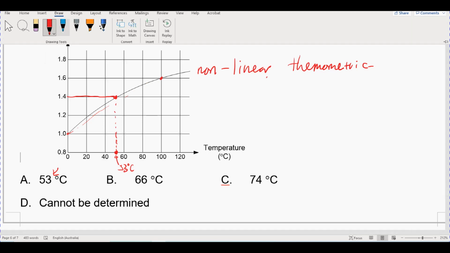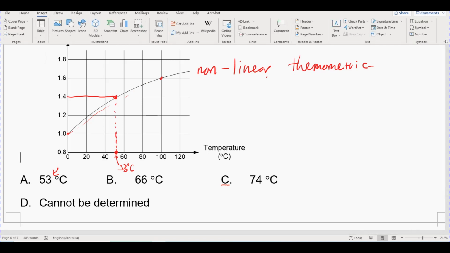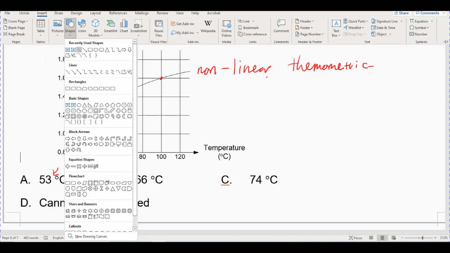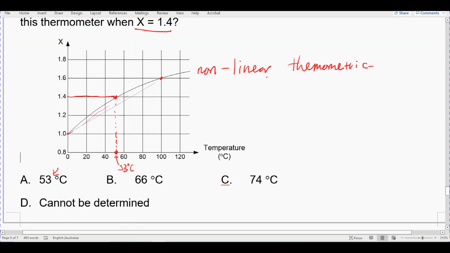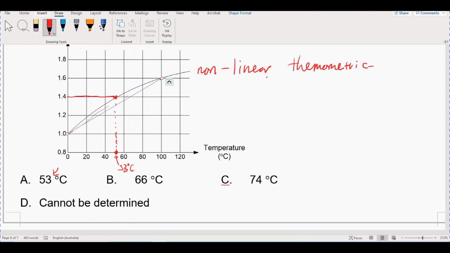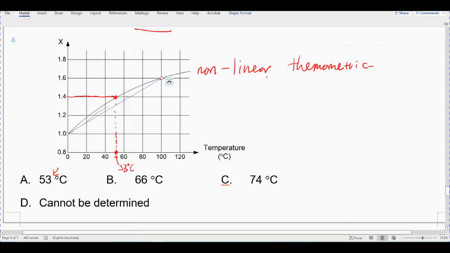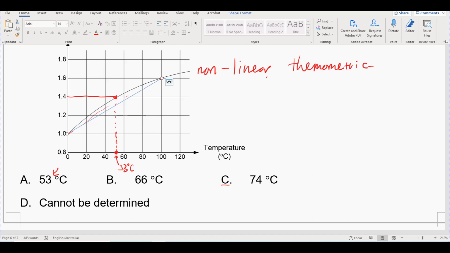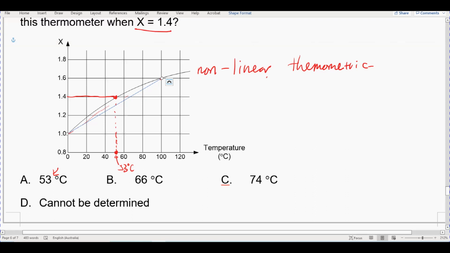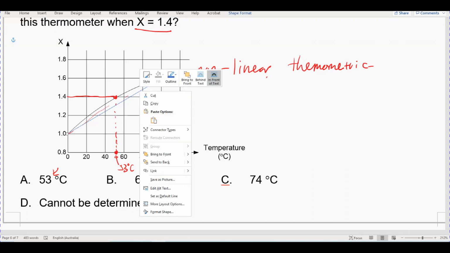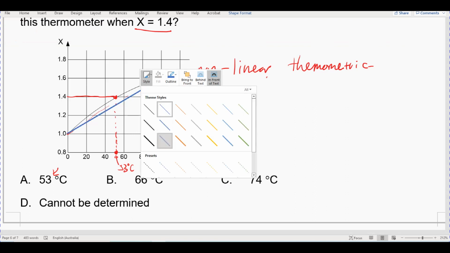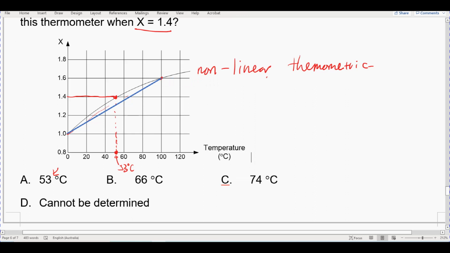Let me insert a straight line over here. Okay, see, that's a straight line. Sorry about this. A little bit thicker to see.